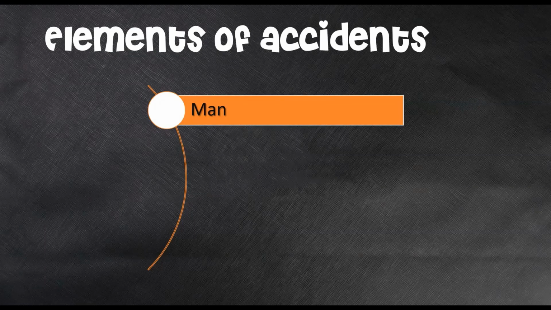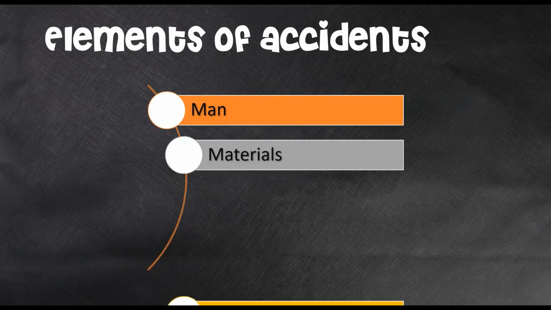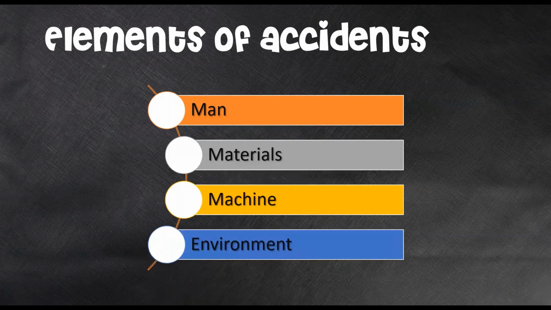Man can be a reason of accident if second, poor training of the procedure. Hindi alam ano at paano gagawin kaya ended up with an accident. Or hindi familiar with the machine or equipment kaya nagkaroon ng accident upon handling with that machine or equipment. Okay? And the other three are materials, machine, and environment.